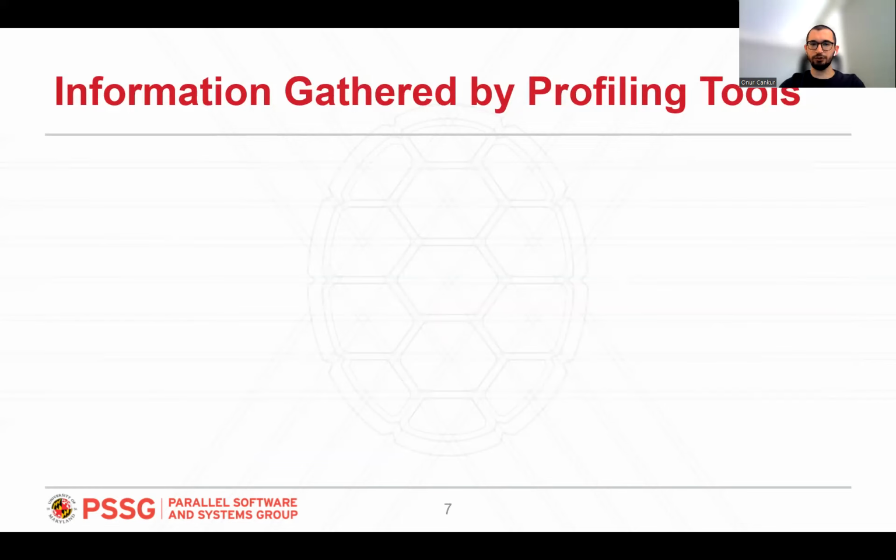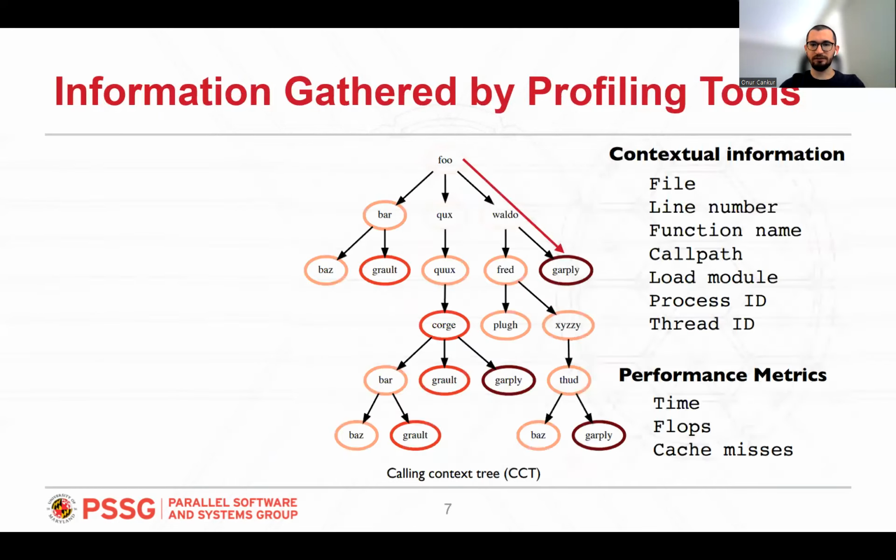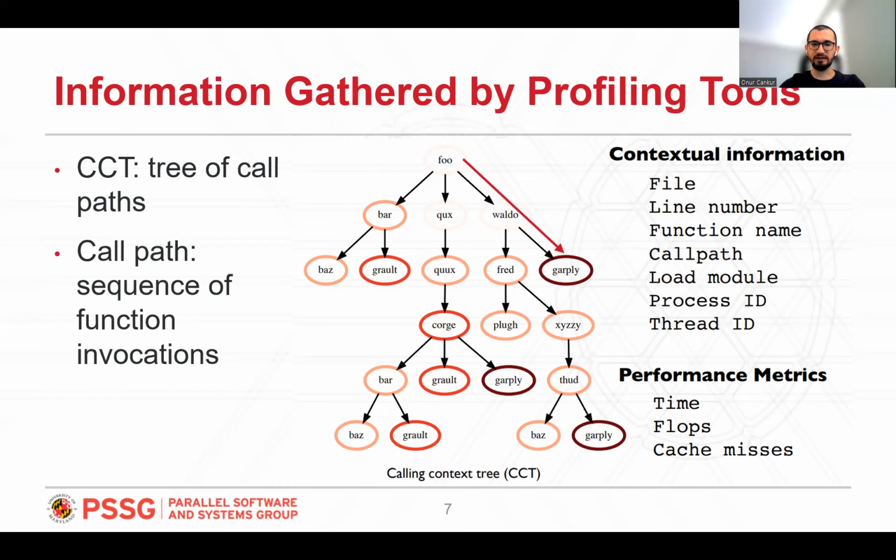In addition to runtime overhead and memory consumption, we also investigated the information gathered by profiling tools. Specifically, in this paper, we considered calling context trees. A calling context tree is a tree of call paths, and a call path is a sequence of function invocations.